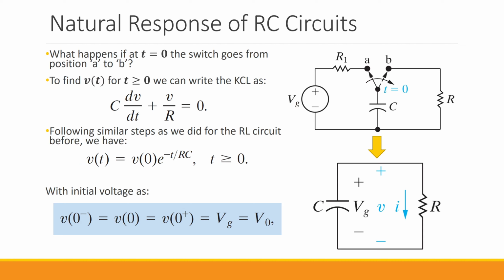To find the equation, we can write the KCL for this node. It is easier to write the KCL rather than the KVL, because if you want to write the KVL, you have to find the equation for the voltage of the capacitor, which requires an integral, but the current through the capacitor only requires a derivative.